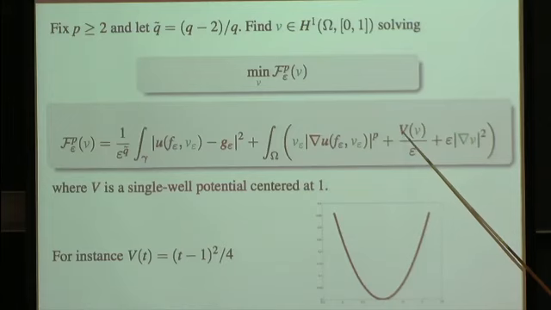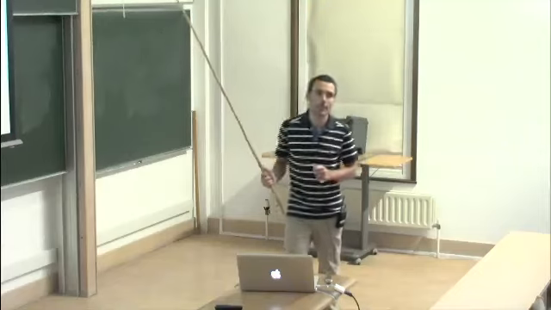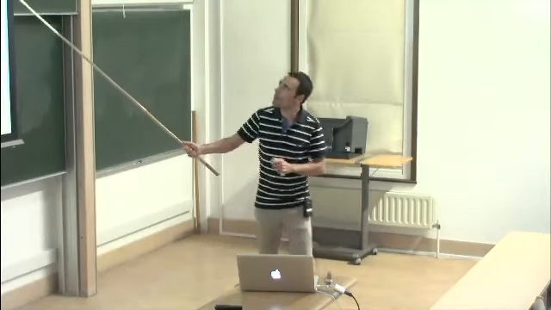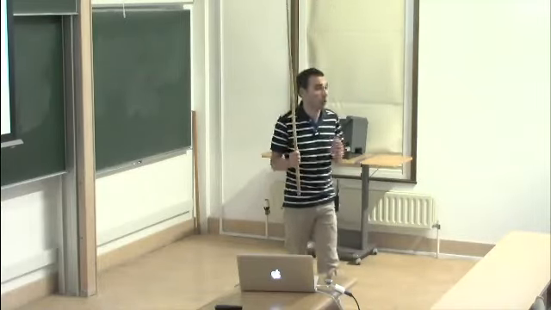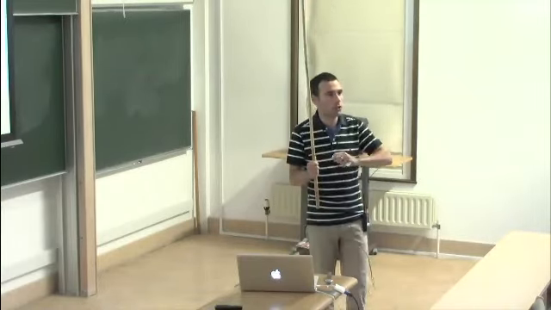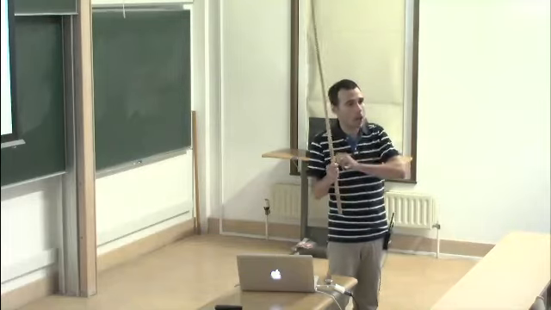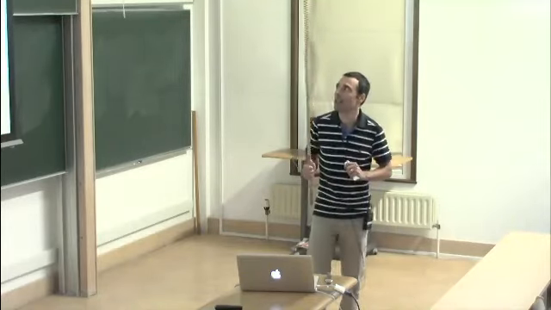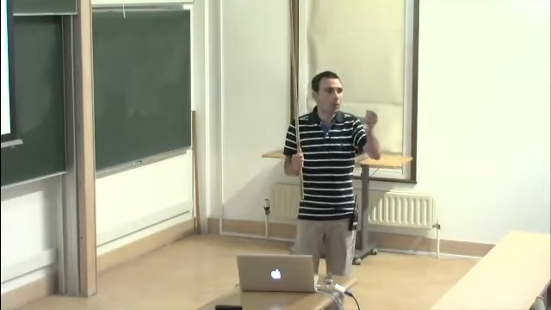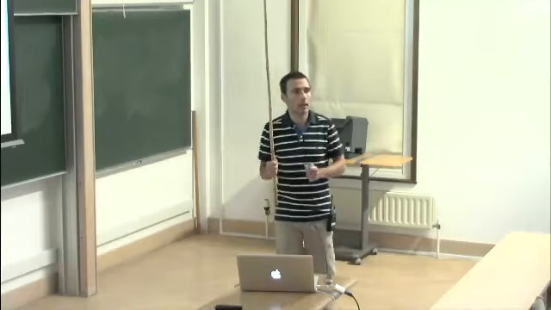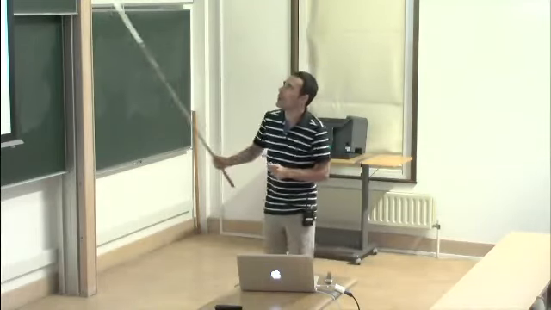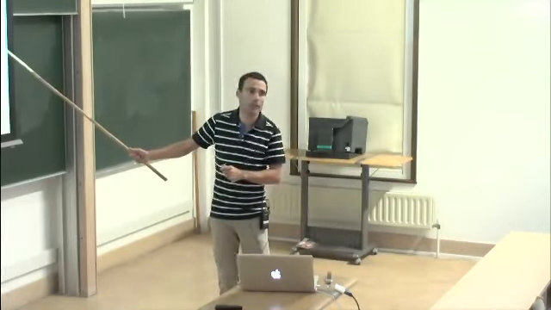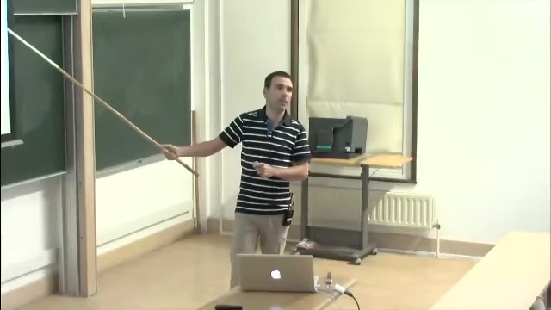So what is the idea? The most important term here maybe is this one, which is a single well potential centered at 1. And the idea is the following. This makes your phase field function like to be at 1. So the phase field function is going to be at 1 in a large area of your set, but it might go to 0 somewhere, and where it should go to 0. When V goes to 0, this is very small, so this might be very large.